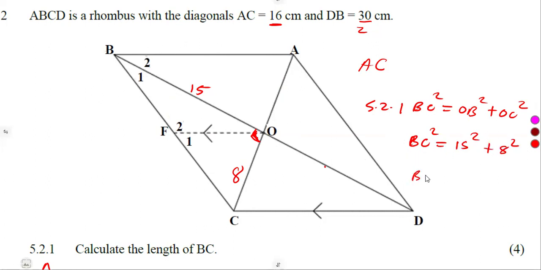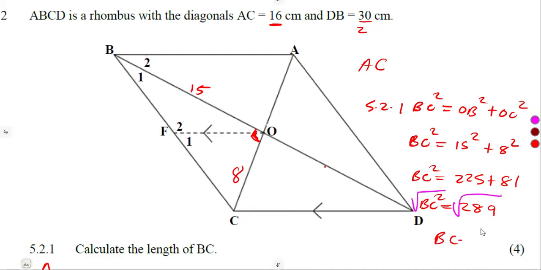That is going to be equal to 225 plus 81, which gives us 289, and that will be BC squared. To find BC, introduce the square root. So BC is equal to the square root of 289, which is 17. So that's 17 units.